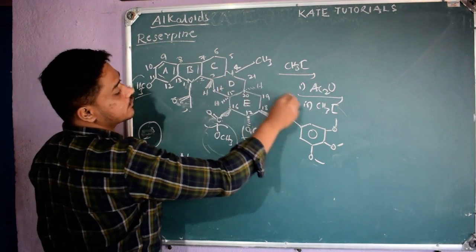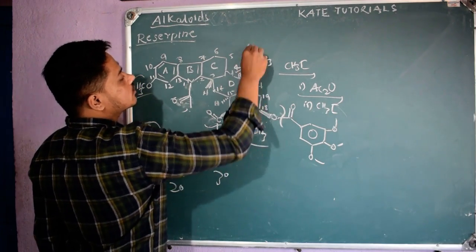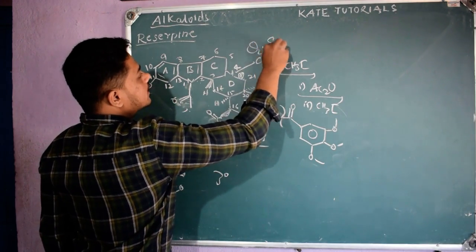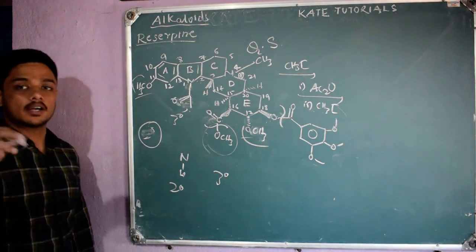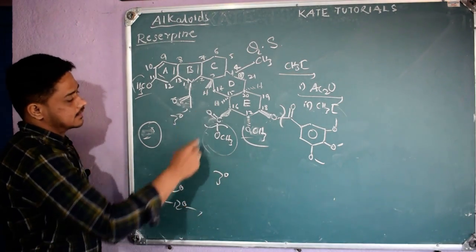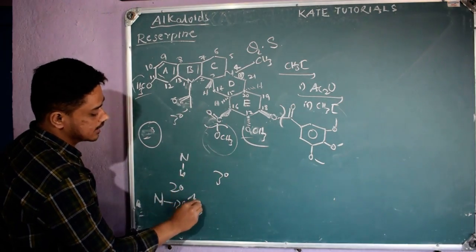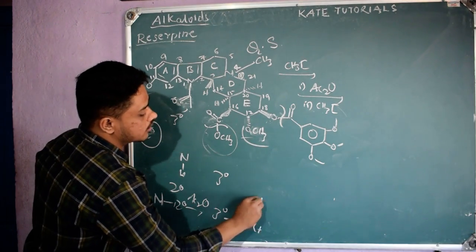This tertiary nitrogen will react with CH3I to form a quaternary salt, because the nitrogen gives its lone pair and gets a positive charge. So this is a quaternary salt, and this was tertiary. But we had concluded that both nitrogens were secondary from this reaction, that with acetic anhydride it became tertiary, and with methyl iodide it became quaternary.